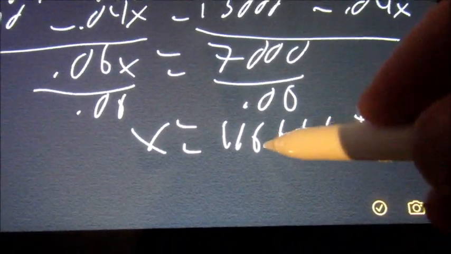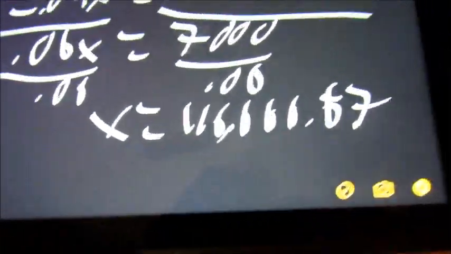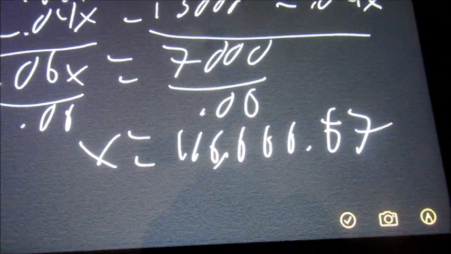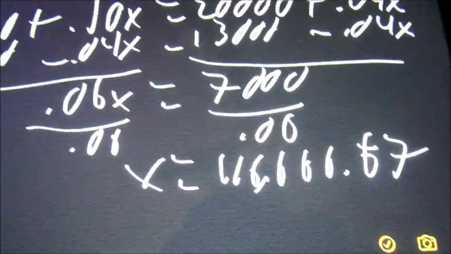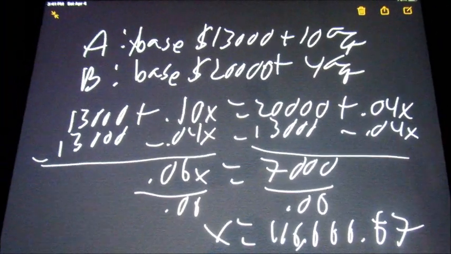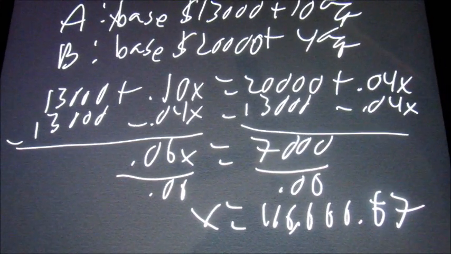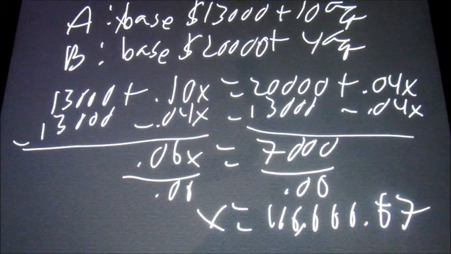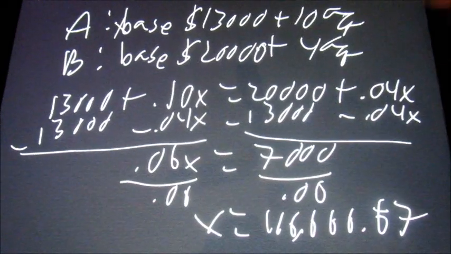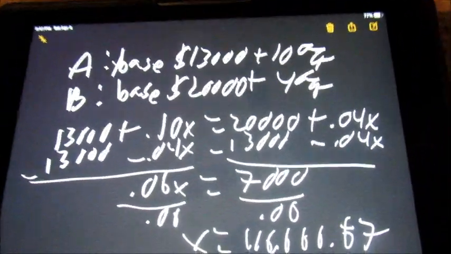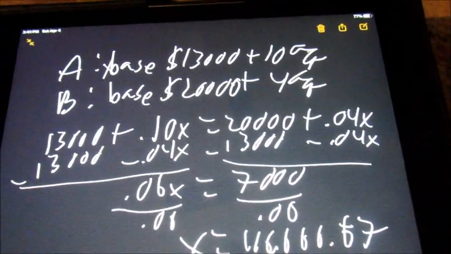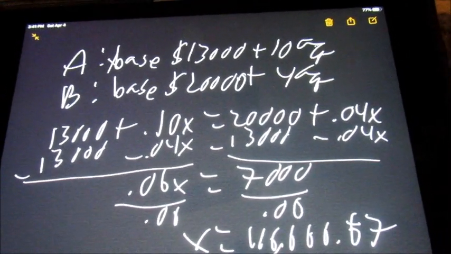So you have to sell $116,666.67 worth of whatever it is that you're selling to prefer to have the lower base salary along with the higher commission. So this is a good one to think about if you're going into a sales job.